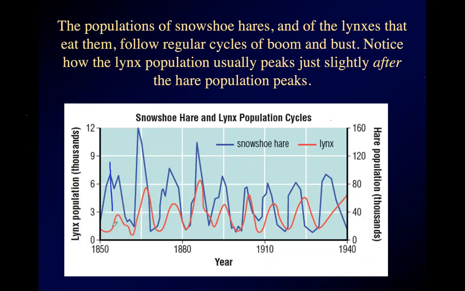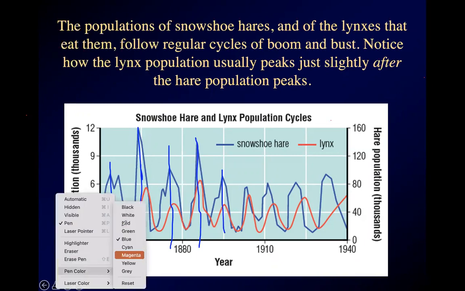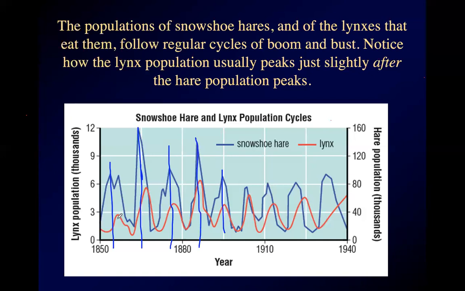We've got a peak right there, and a peak right there, and a peak right there, and a peak right there, and we got a peak right there. If you look very carefully at where the lynxes are peaking, we've got a peak right there, and we got a peak right there.